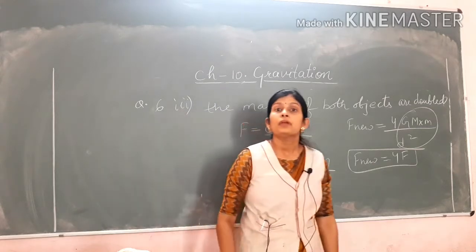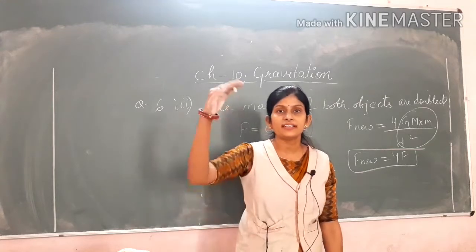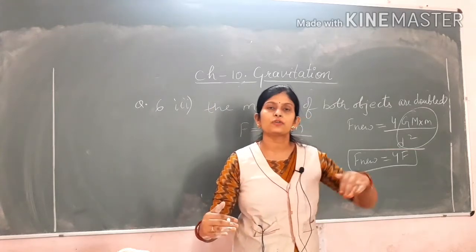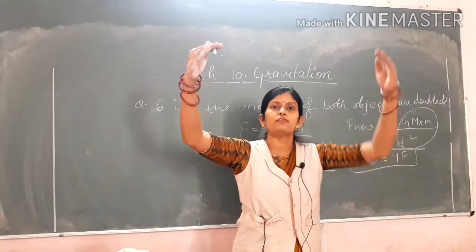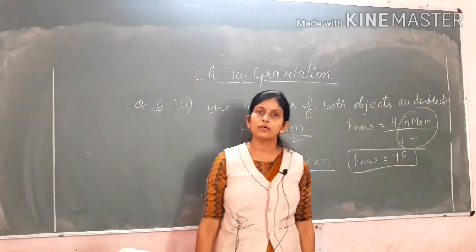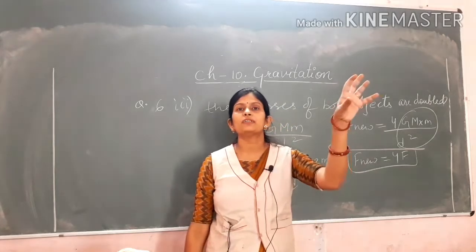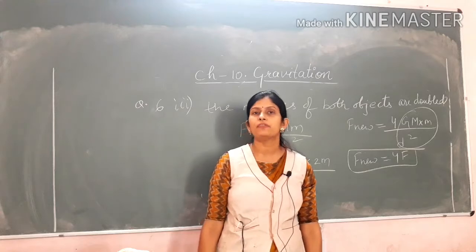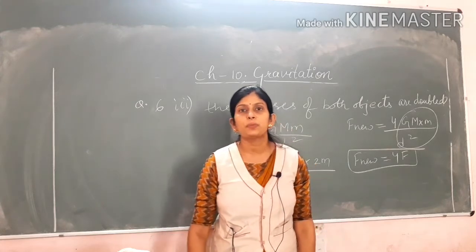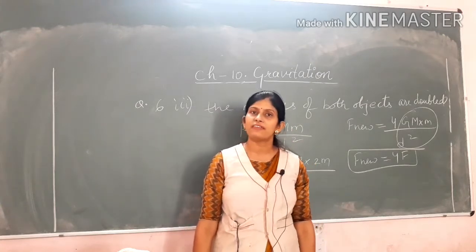And if you decrease the distance, then gravitational force increases. If you increase the distance, gravitational force decreases. It concludes that gravitational force is inversely proportional to the square of the distance present between the two objects, as per the universal law of gravitation.